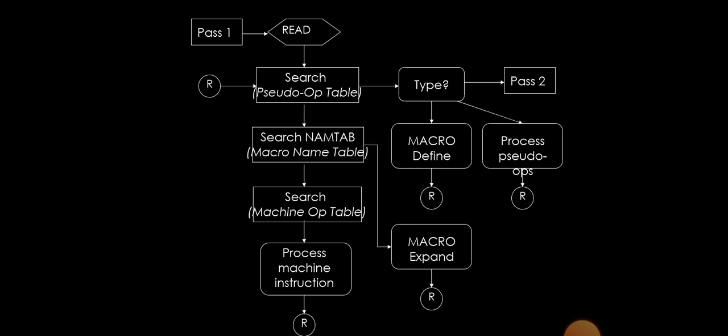It is processed again, goes to the machine name table, macro name table, and searches for the machine op table and processes machine instructions. The process repeats the functions again and again.